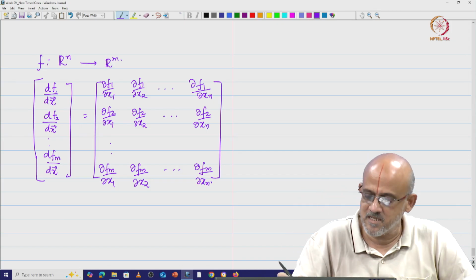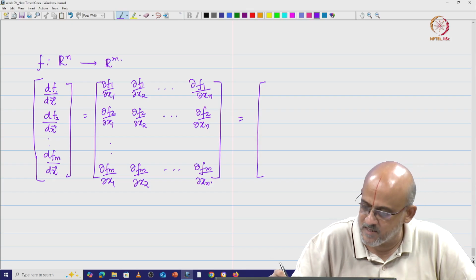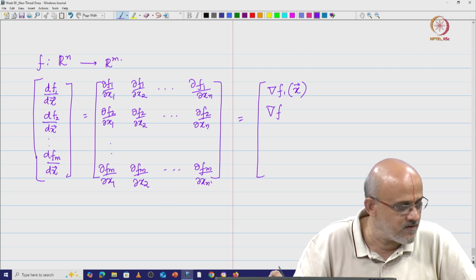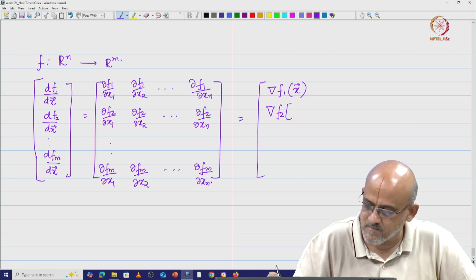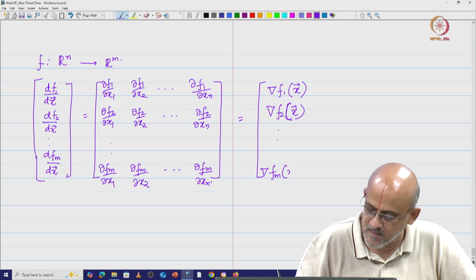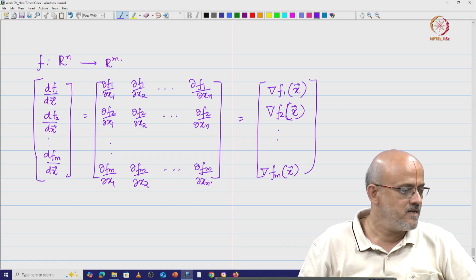So, what have we done? This is a collection of the gradients. We took the gradient of the first function, then the gradient of the second function, and so on, up to the gradient of the mth function, right.